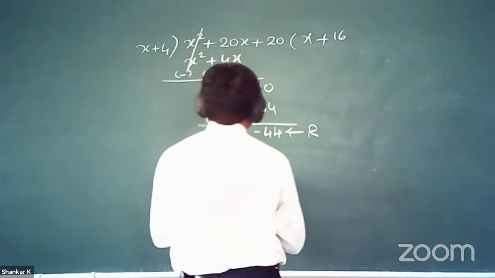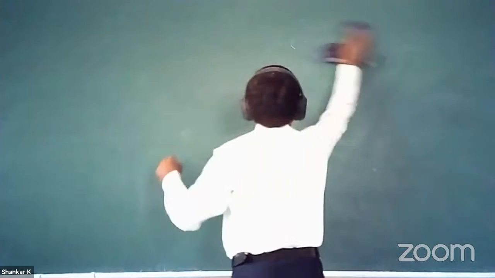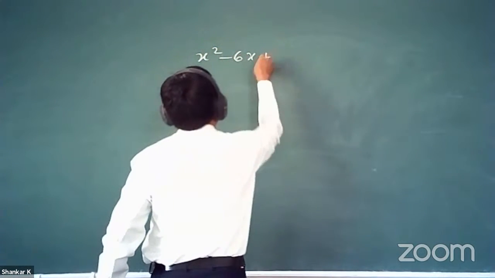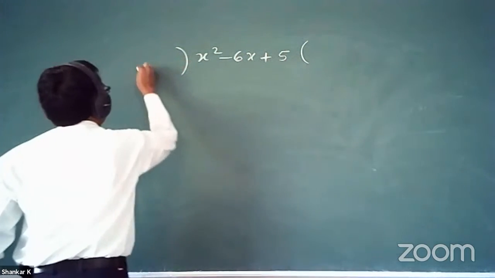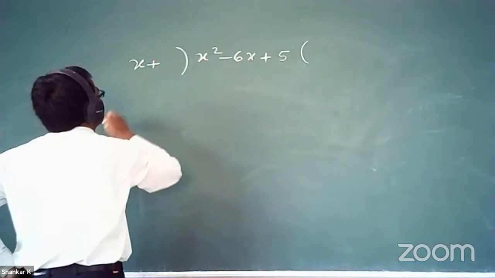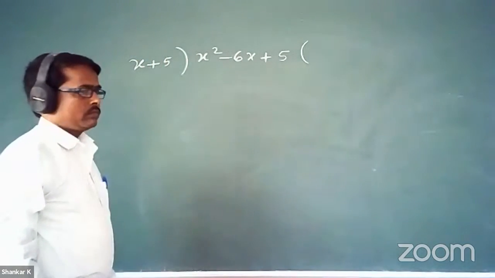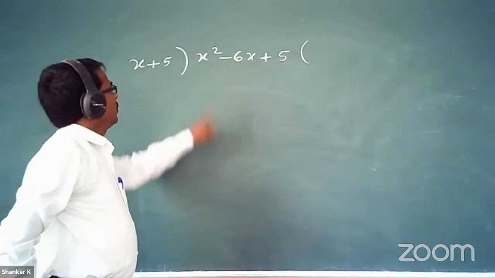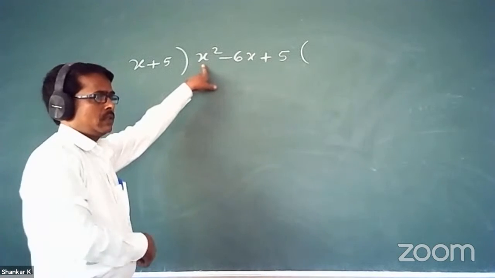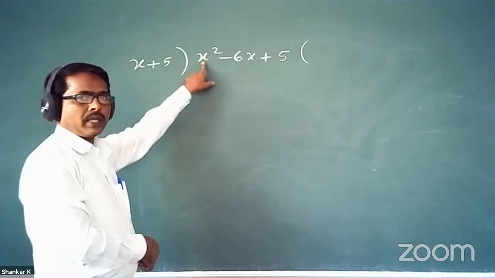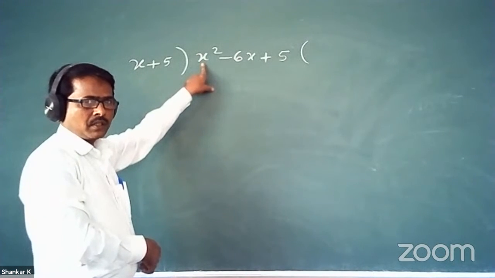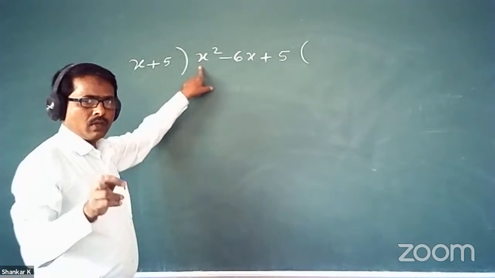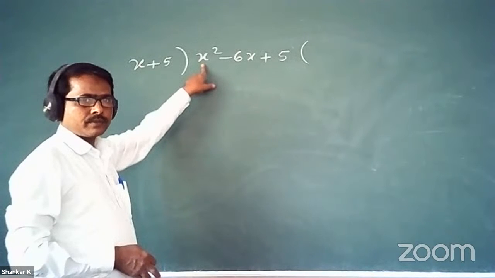I'll give one more example. You should tell me the step. Divide 6x² minus 6x plus 5 by x plus 5. What do we do first? Speak with me. What is the first term here? I want to make you understand.